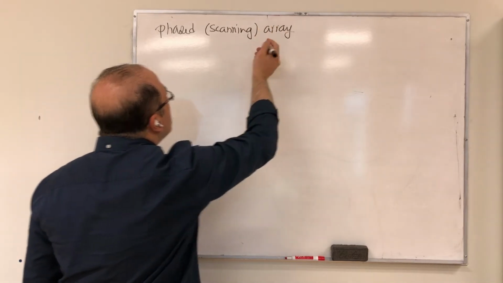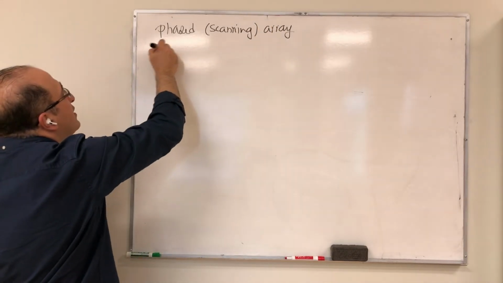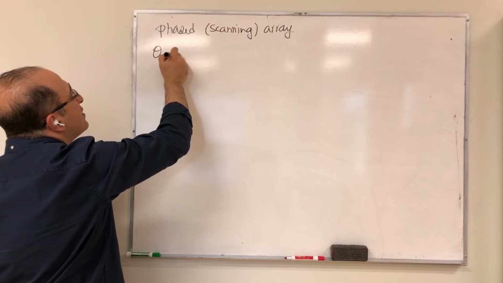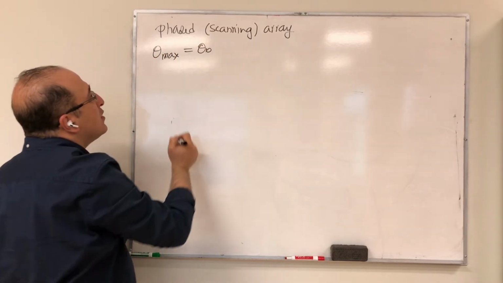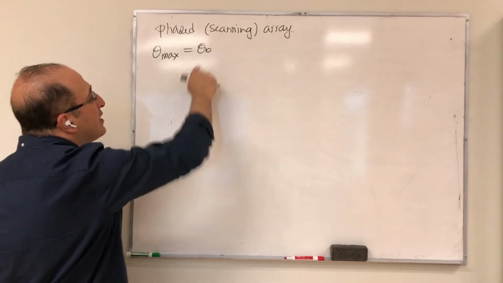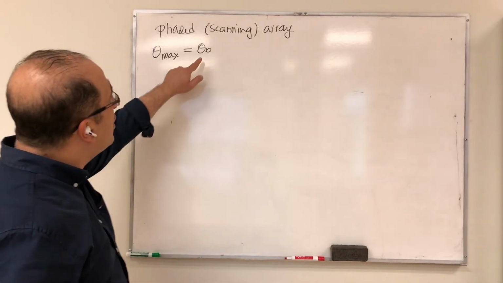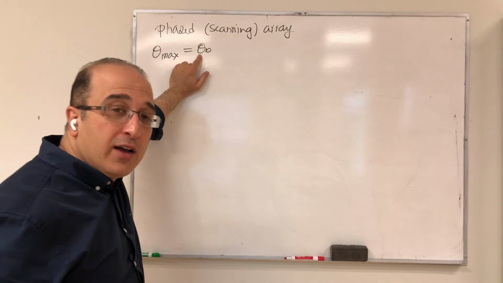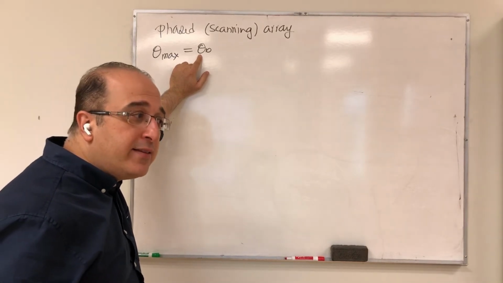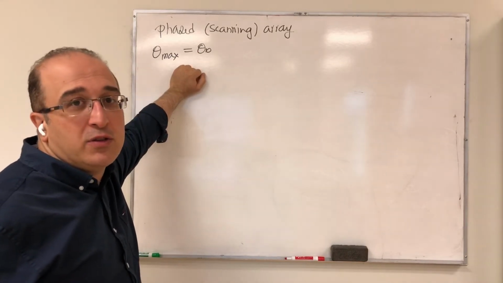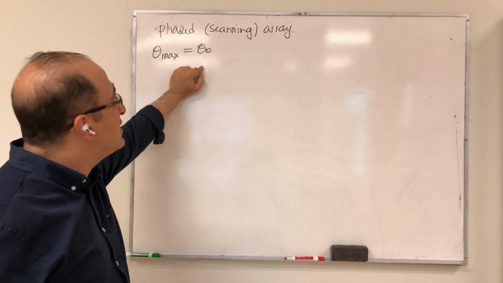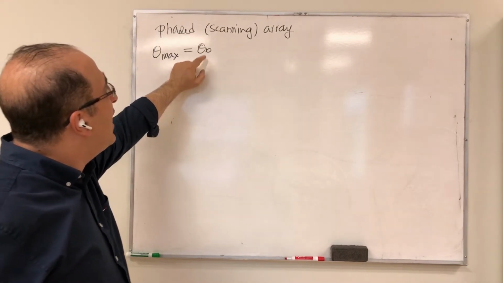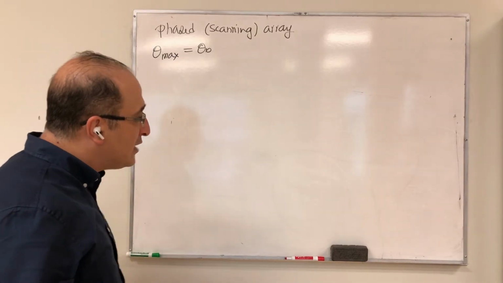In this case, you essentially want theta max, the maximum radiation, to be theta naught. We considered three particular cases of theta naught, which were theta equals 0, 180, and 90. These were the special cases. But what if theta equals 30, for example? So now what should we do? Let's do it the same way.